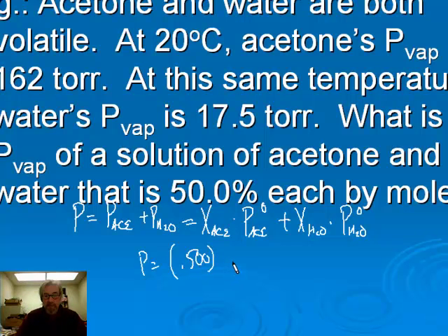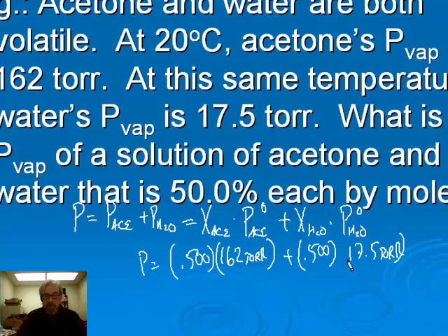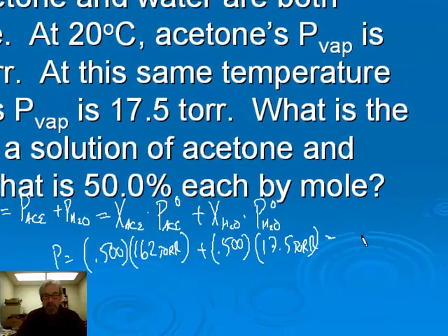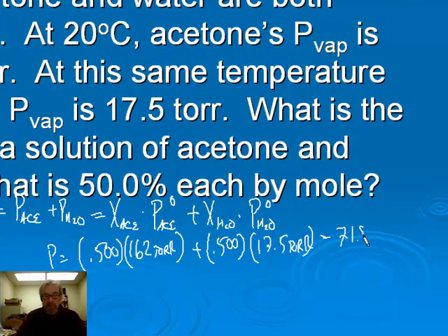Partial pressure of acetone is 162 torr. And the partial pressure of water vapor is 17.5 torr. When we sum this all up after doing the multiplication, we get 71.8 torr, and that's the pressure of the whole solution. So the effect of dissolving water in acetone is to lower the vapor pressure of acetone.